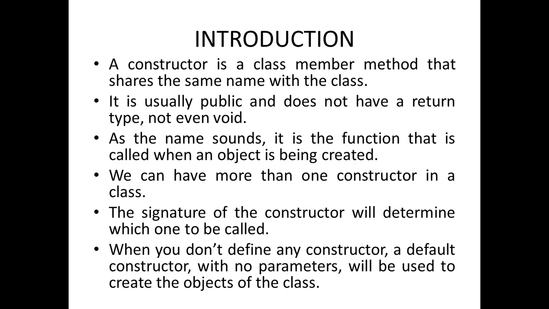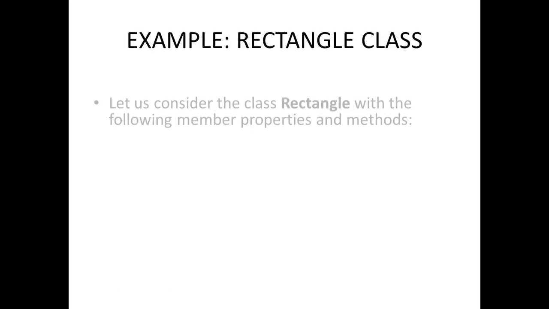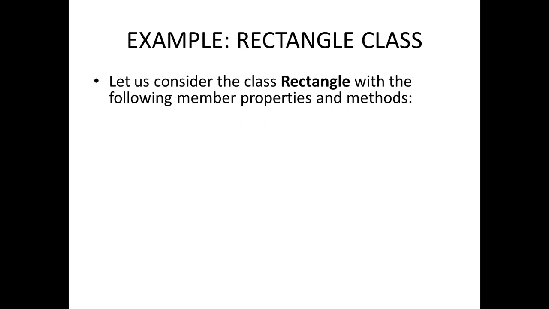So we're going to be looking at a rectangle class. We're going to be creating a rectangle class in this code in order to demonstrate what we'll be looking at today about constructors. So here are the properties of this class.